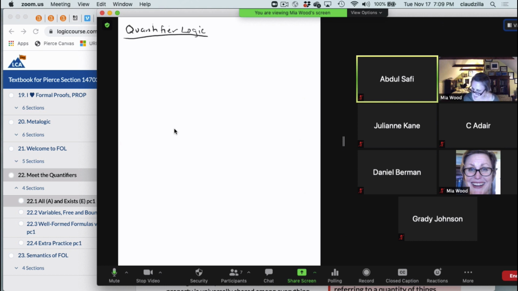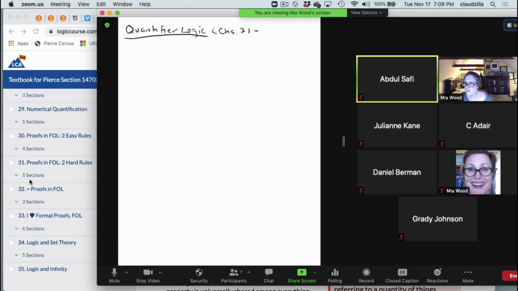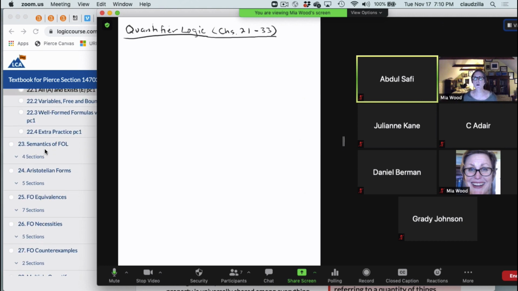So this is chapters 21 through 33. And it might seem like a lot of chapters, and in terms of just quantity of chapters, yes, but as we know, what our author does is break down concepts into smaller pieces.